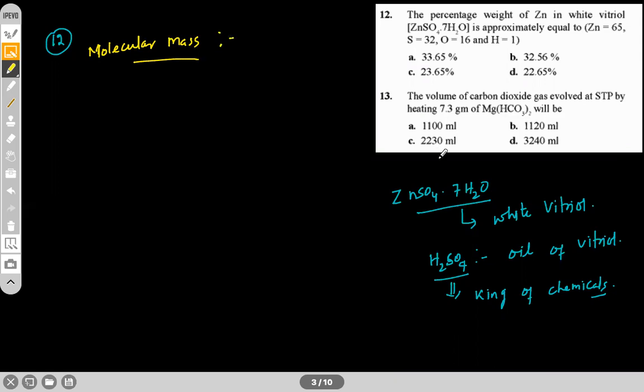The molecular mass of ZnSO4.7H2O is 65 plus sulfur is 32, oxygen is 16 times 4, plus 7 times 18, water. When you solve this, you'll get the molecular mass of 287.